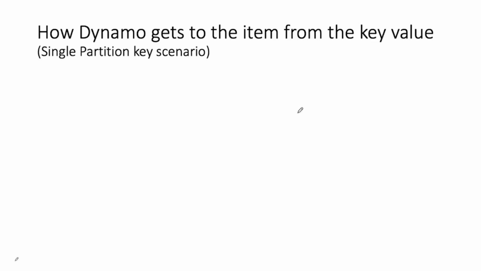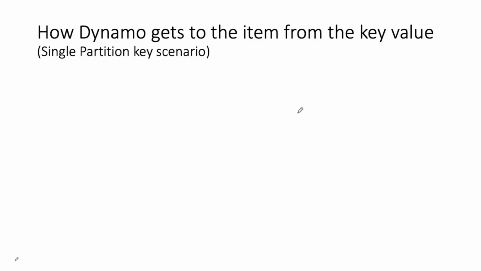Now, let's further go into the implementation details of DynamoDB and see how it gets to the item from a given partition key. How is it going to get to the actual item? How would it know the partition number as well as the location within the partition?